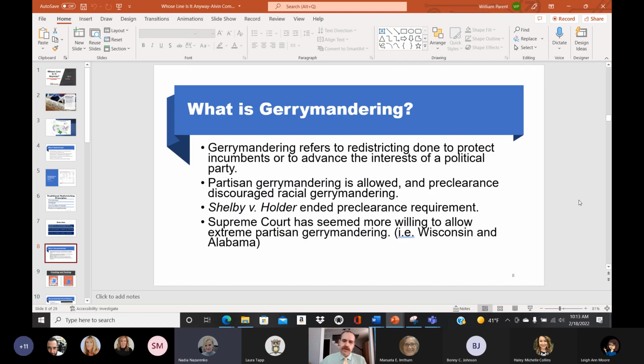What is gerrymandering? So let's do a quick recap. Apportionment is the allocation of House seats after the census is conducted. Redistricting is the redrawing of district boundary lines. Gerrymandering is where you redraw district boundary lines for partisan gain to benefit a particular political party. And I think that the knee-jerk reaction is that, okay, well, Republicans engage in gerrymandering here in Texas.